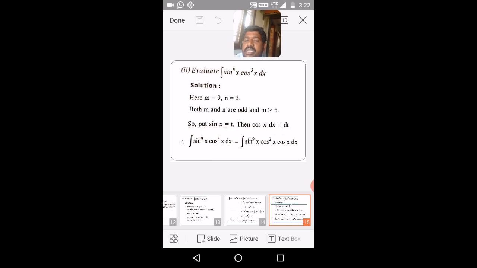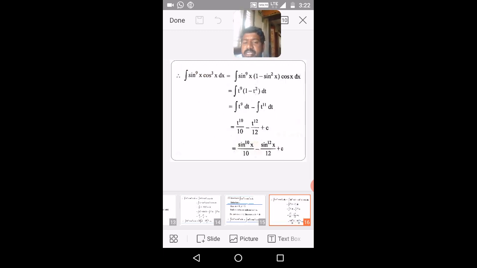Then, since cos^2 x plus sin^2 x equals 1, you get cos^2 x equal to 1 minus sin^2 x. Therefore cos^2 x should be substituted with 1 minus sin^2 x, into cos x dx.